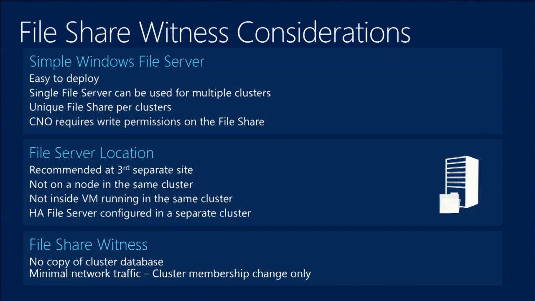Every time there is a cluster database update, the disk witness is accessed and written. But in the case of a file share witness, it's over the network, and we don't actually store a copy of the cluster DB in the file share witness, so the network usage is fairly light.